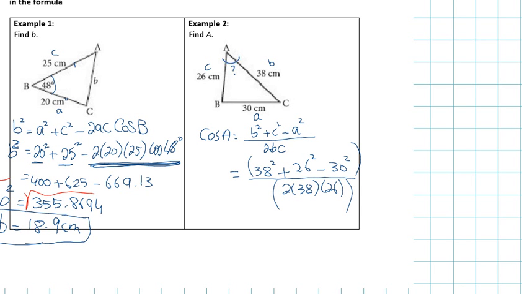So you do 38 squared plus 26 squared minus 30 squared. Find the answer for that. And then find the answer for the bottom by doing 2 times 38 times 26.